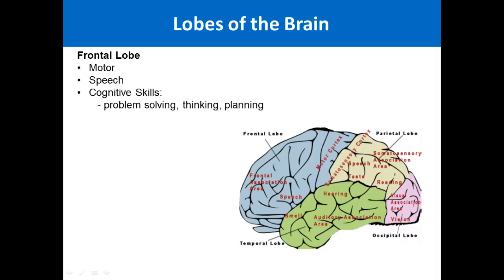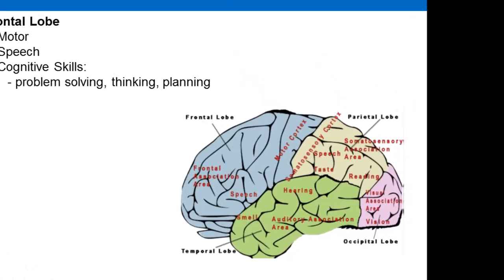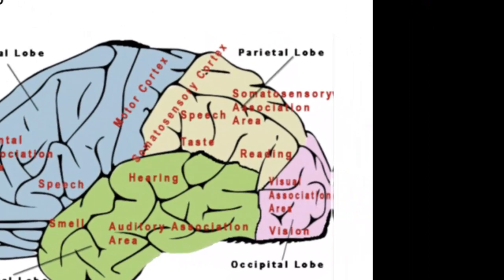Just behind the frontal lobe is the parietal lobe. It's shown here in yellow. Now, the parietal lobe also has areas that have specific function. The somatosensory cortex is very important for the ability to interpret sensation from the body. In other words, pain, temperature, touch, vibration, all that information is interpreted way up in that area.